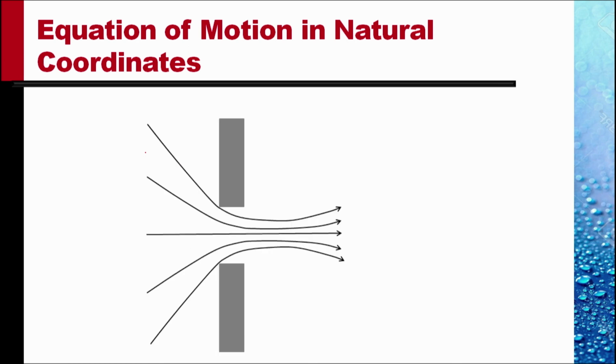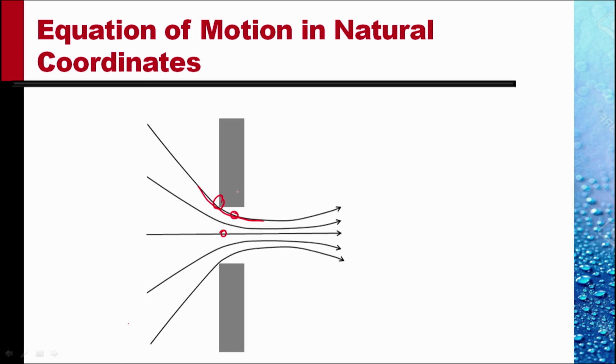The flow through an orifice. The flow cannot turn sharply at a bend, so the streamline would have curvature. And the streamline has this curvature. That means the pressure here must be more than the pressure there. There would be a pressure gradient in the normal direction.